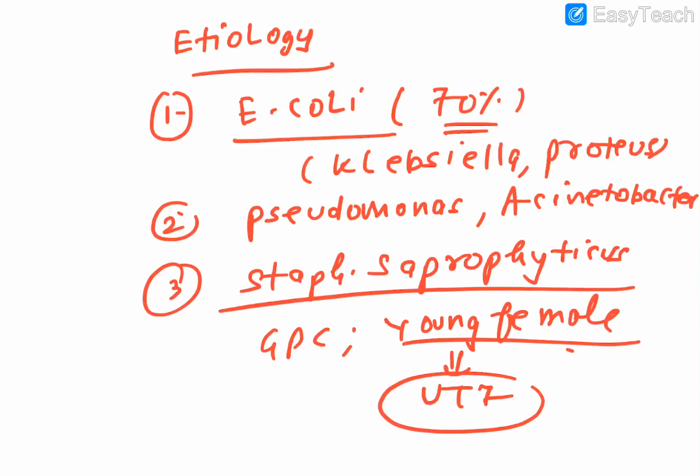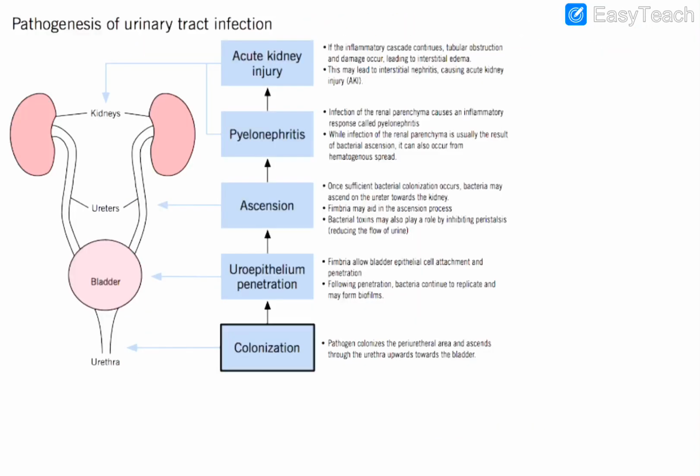Now I would like to tell you how the infection spreads, which route it takes, and how the infection happens. For that, I want to show you one picture here, which is the pathogenesis of urinary tract infection.